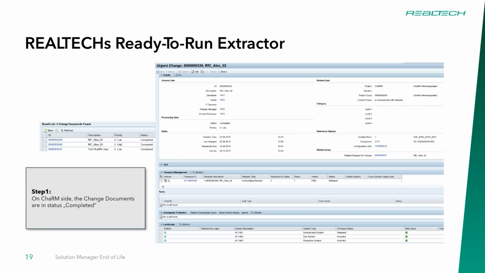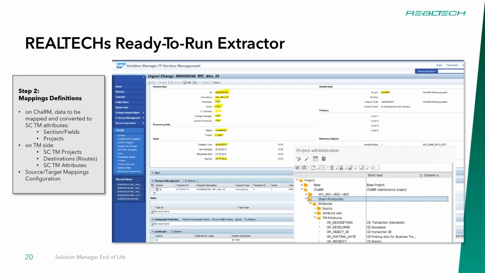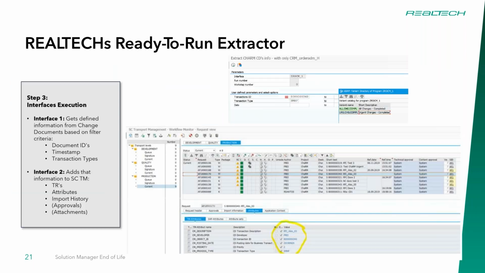This is just a couple shots of our extractor. Maybe you needed some fields that you want to pull in from Charm into our Smart Change product. With our Ready to Run extractor, we pull those fields in as attributes. So you're able to run reports on those attributes within Smart Change for auditing, and you don't miss any of the information that was over in Charm that now you're using our solution.